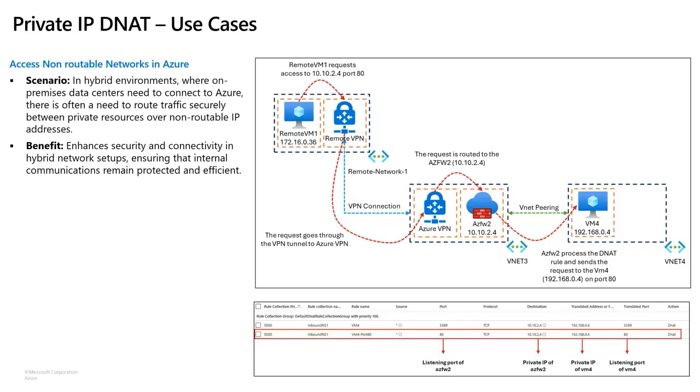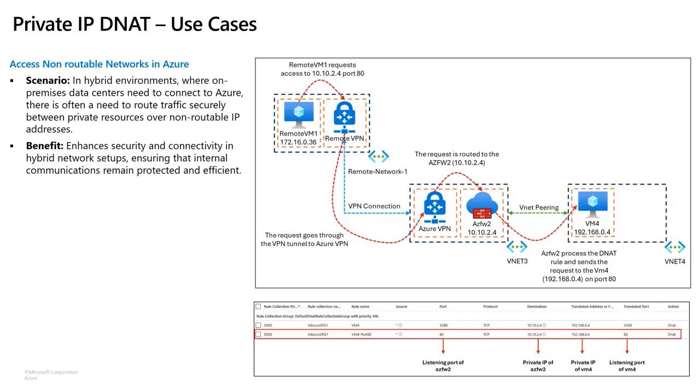The main use case is in hybrid environments where on-premises data centers need to connect to Azure, and there's often a need to route traffic securely between private resources over non-routable IP addresses. So we don't want our traffic being exposed to the public, and then of course there's no route to it.